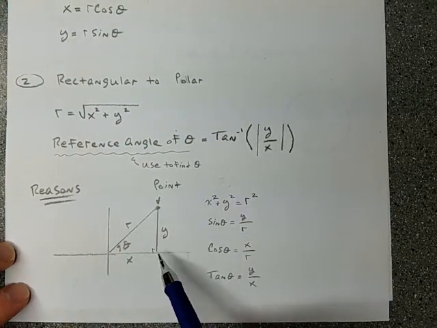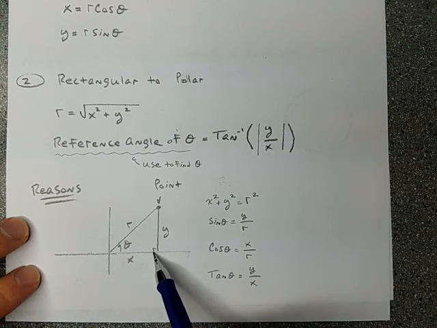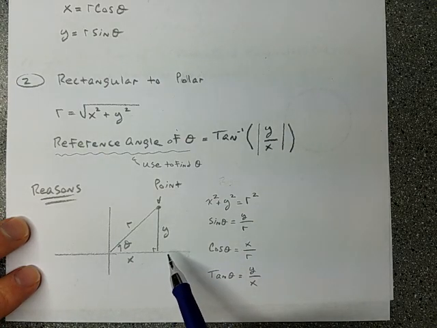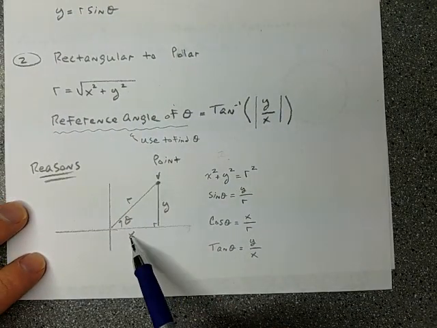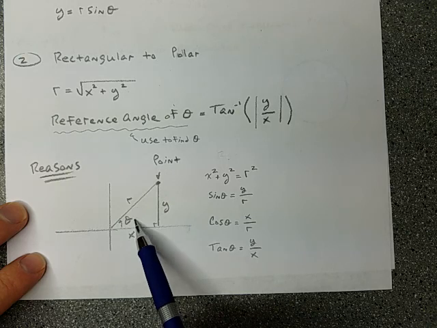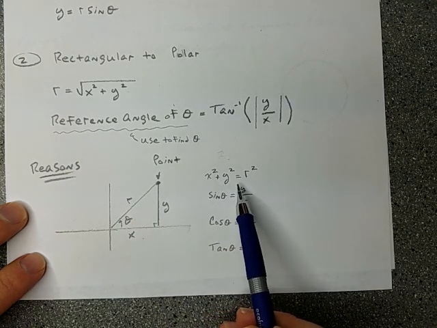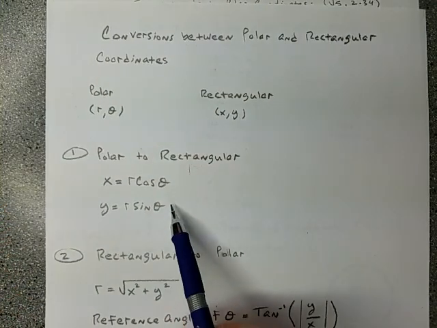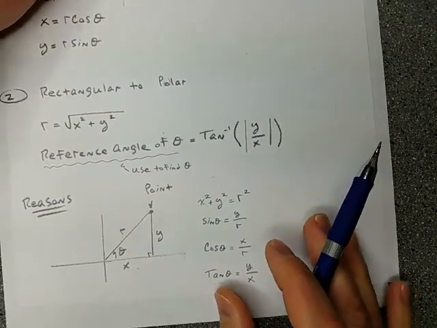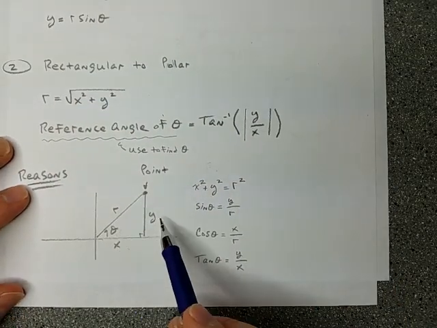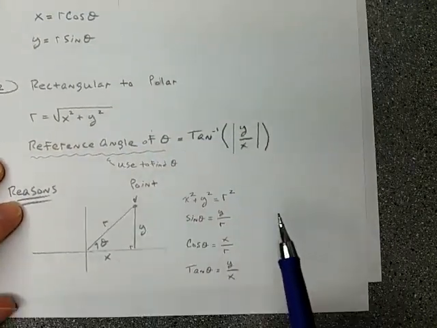As for the reasons, it's all just right triangle trigonometry and other formulas for right triangles. For example, this right here comes from the fact that if you plotted a point and looked at how the rectangular and the polar coordinates interact, x squared plus y squared would be r squared. This and this come from the fact that sine theta is y over r, so you can see that y is r sine theta.